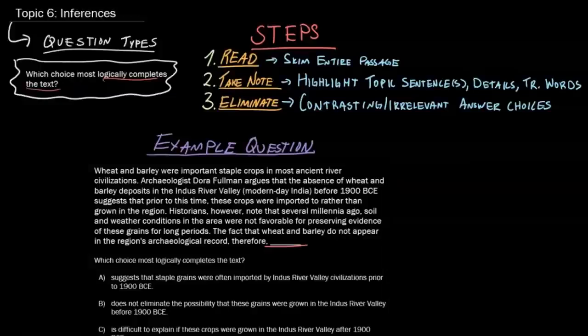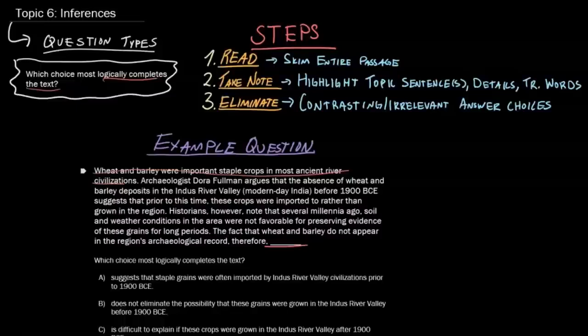Don't read every single word. Just look over it and take note of which words are either details or transition words, as we covered in topic 5. And if you see a topic sentence like this one, usually the first sentence, wheat and barley were the most important staple crops in most ancient river civilizations, definitely take note of that too.